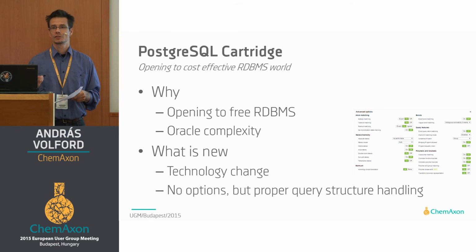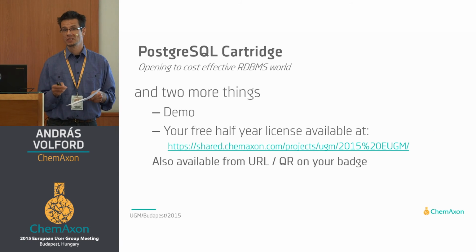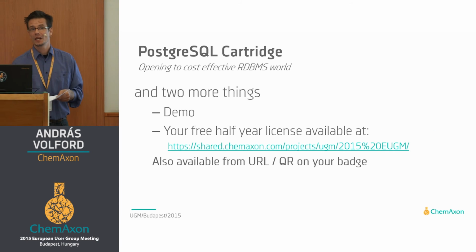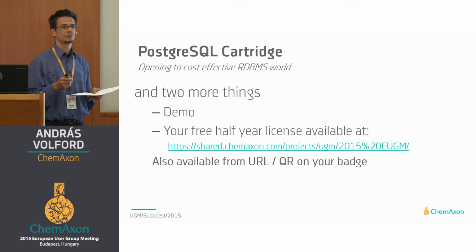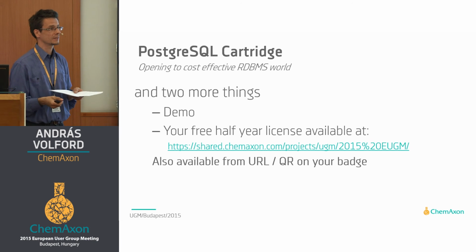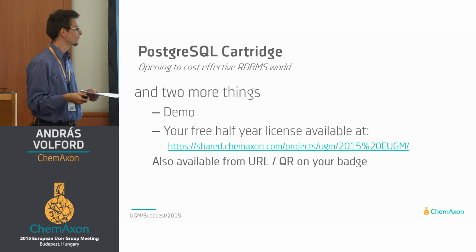And finally, just two things, which is actually three. We will have a demonstration out there, and with a nice GUI front end, you can see how the Postgres cartridge is working, how fast it is.